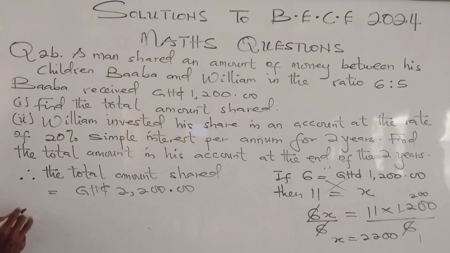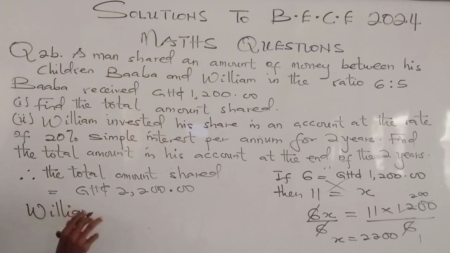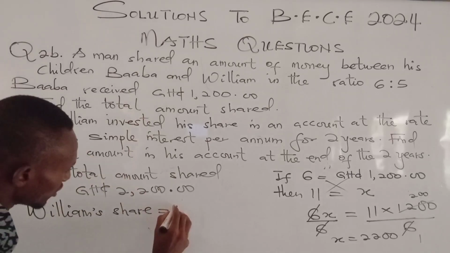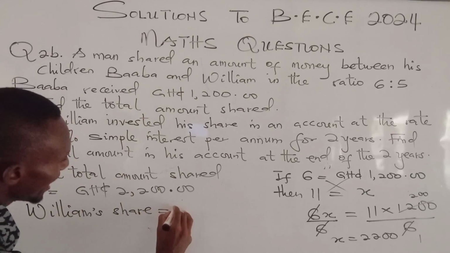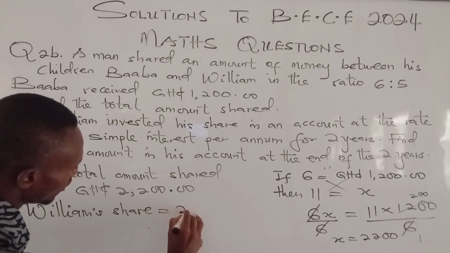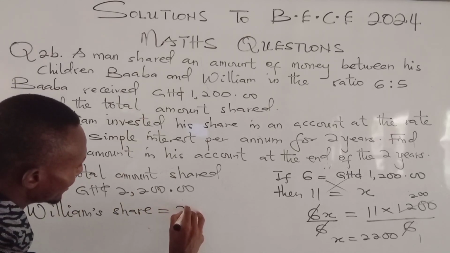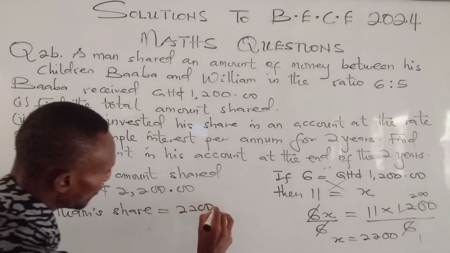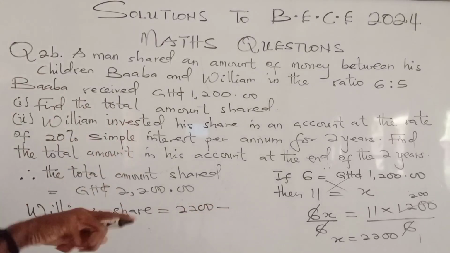So William's share will be equal to the total amount that was shared, which is 2,200 Ghana cedis, minus Baba's share.